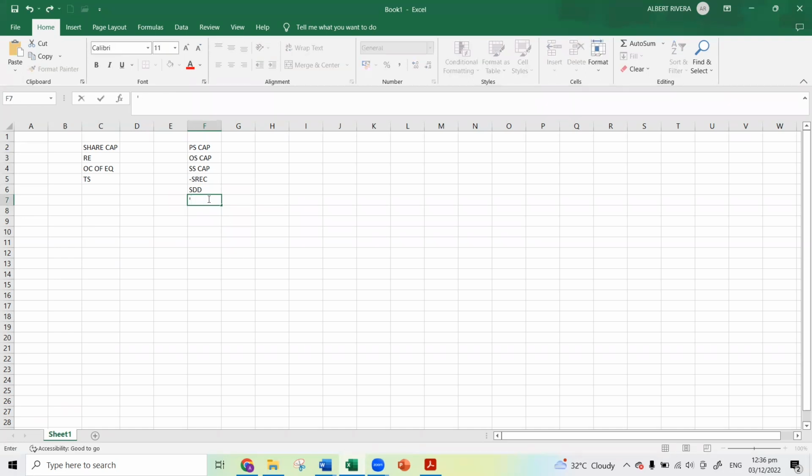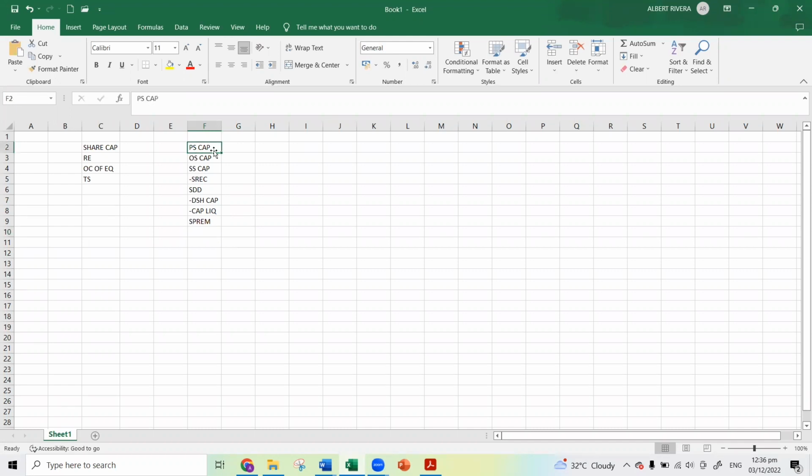Then we have the capital liquidated, which is also a contra equity account. And we have the share premium, formerly called APIC or additional paid-in capital.